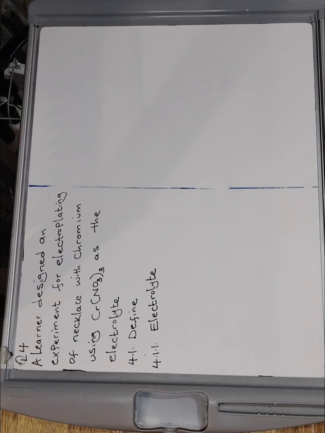Elana designed an experiment for electroplating of a necklace with chromium using chromium nitrate as the electrolyte. So the first question comes: define electrolyte. So what is an electrolyte?